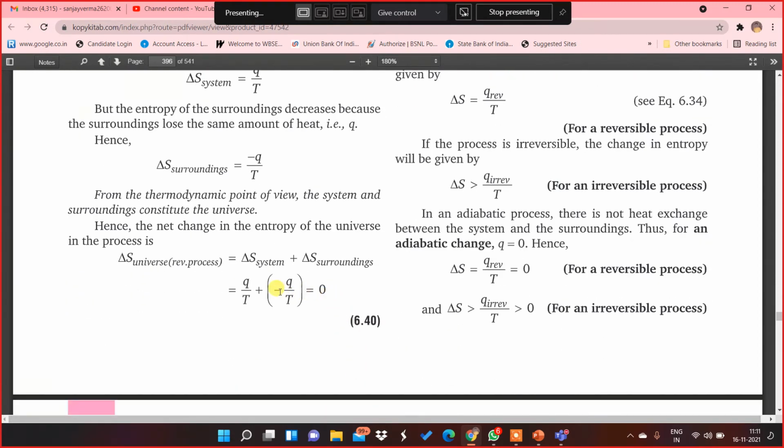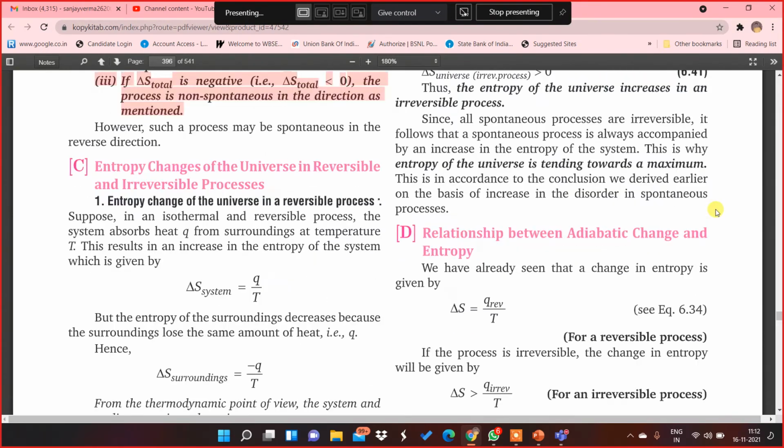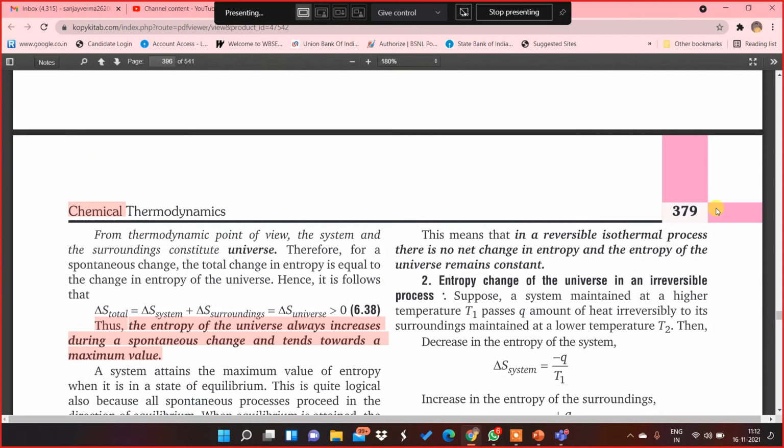So for a reversible process, the entropy change of the universe is 0, because delta S system is positive and delta S surroundings is negative, so they cancel each other. You have to remember this, that is equation 6.40. This means that in a reversible isothermal process, there is no net change in entropy and the entropy of the universe remains constant.